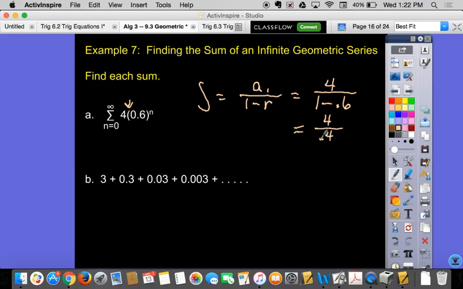Or you could work that out: 4 divided by 0.4 is just 10. This is converging. And the way you know it's converging, just a little hint here, you see your ratio is a value in between 0 and 1. That lets you know that this thing is converging.